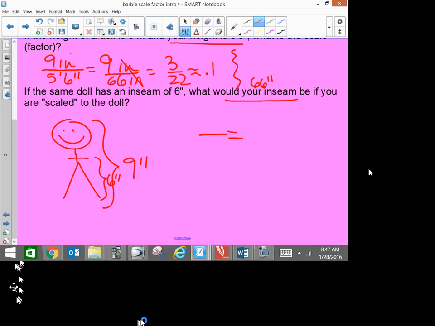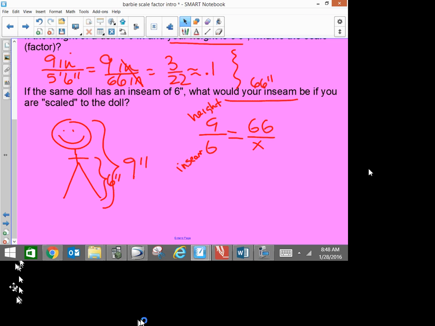All right? How am I going to find my inseam on this proportion? What are the other numbers that are going to go? I'm guessing 9 and 6 can go together because that's the scaled doll. That's the height. That's the inseam. Okay, where's my height going to go? Top or bottom of that ratio? Top. And then I'm going to find my x. Okay.